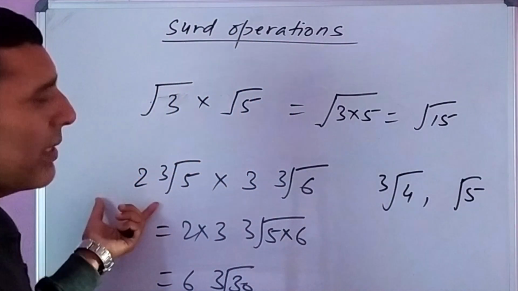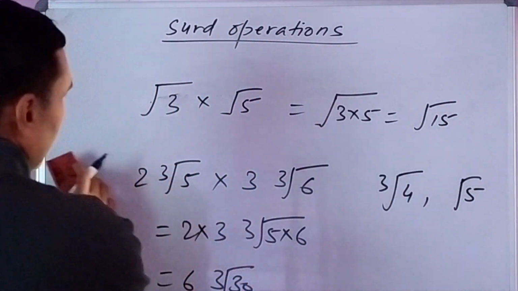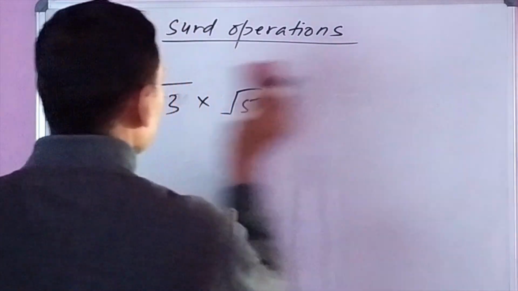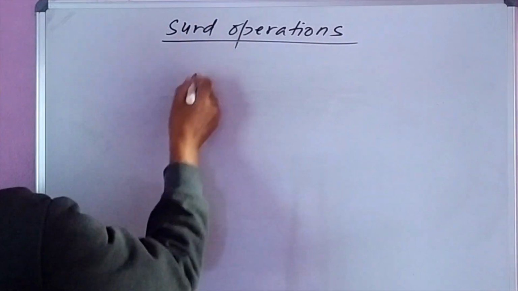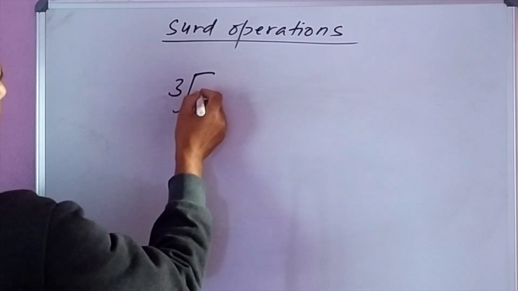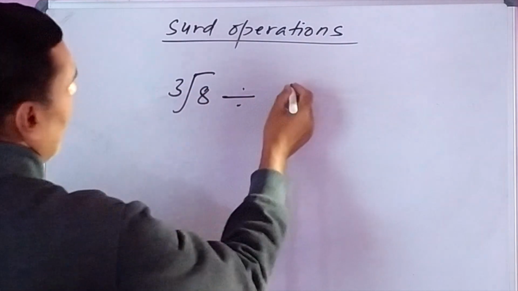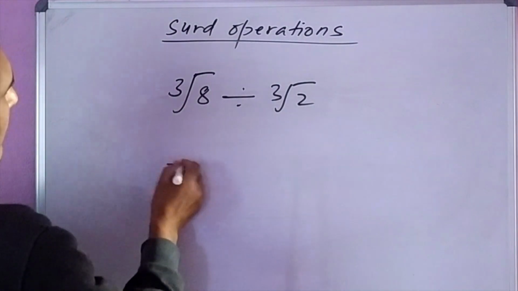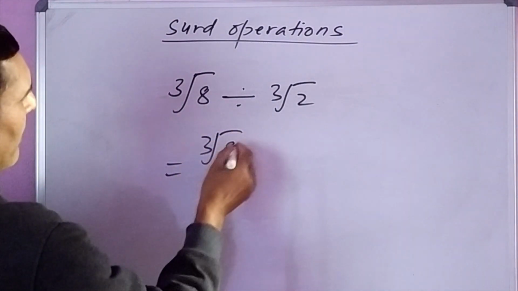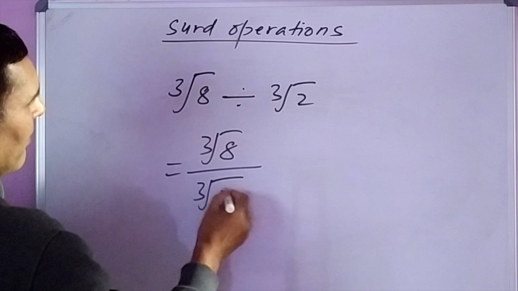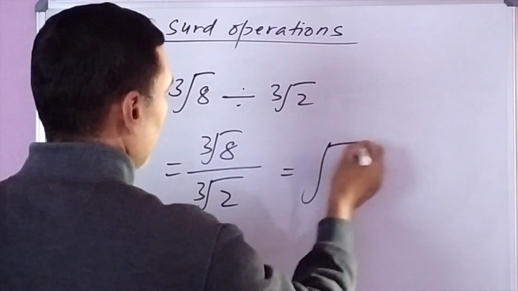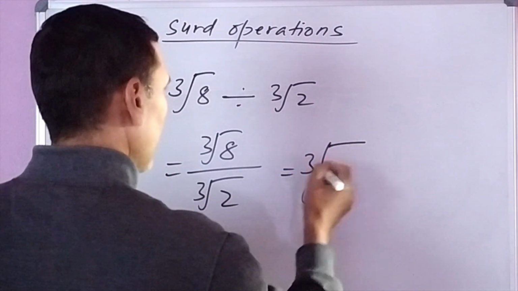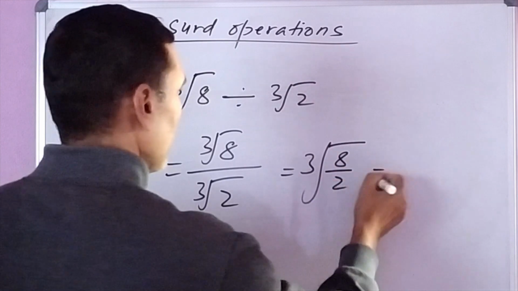The same thing happens in the case of division of sorts also. Like cube root of 8 divided by cube root of 2. It can be divided as cube root of 8 divided by cube root of 2, or you can write this within the same root, cube root of 8 upon 2, in this way also.